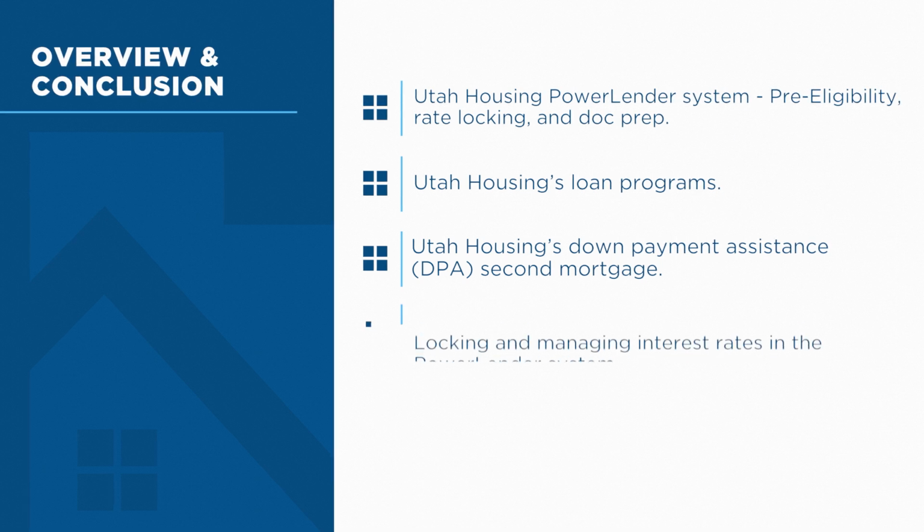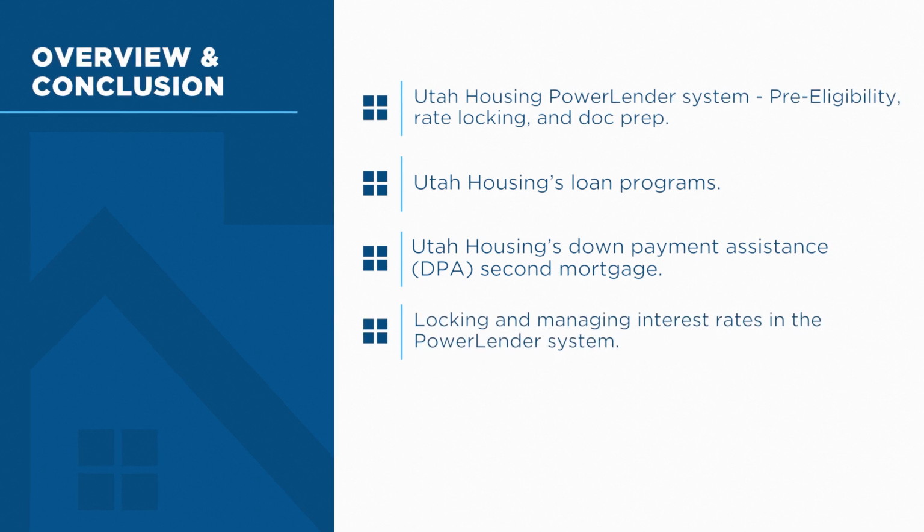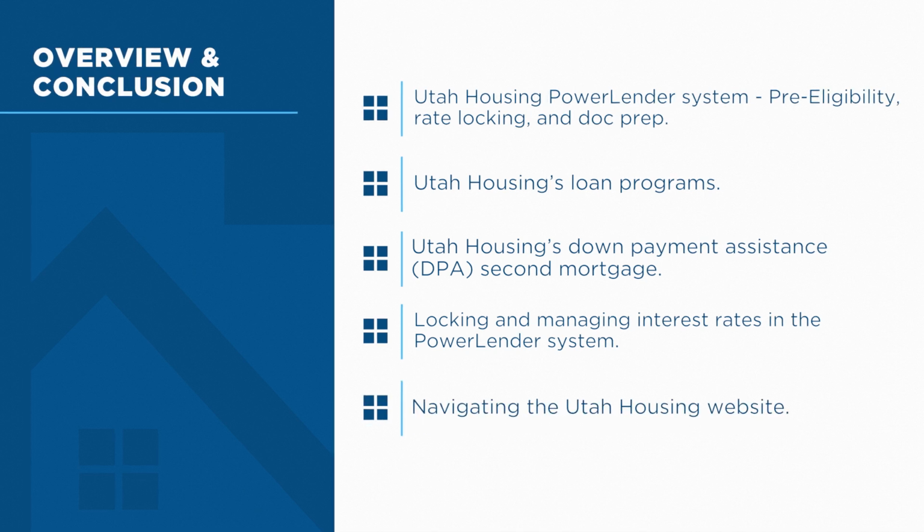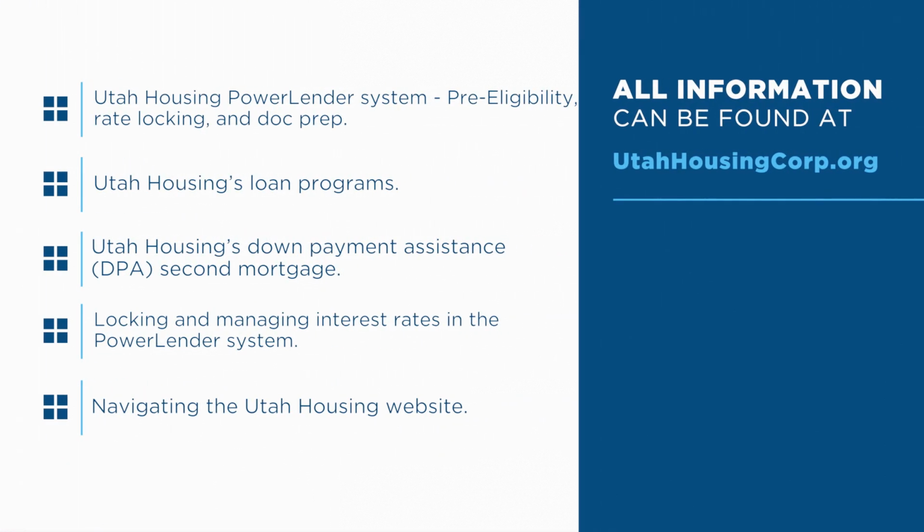The process of locking and managing interest rates in the PowerLender system. Navigating the Utah Housing Corporation website, your go-to resources for program requirements, forms, training, and much more. Remember, everything you need is available on our website at utahhousingcorp.org.